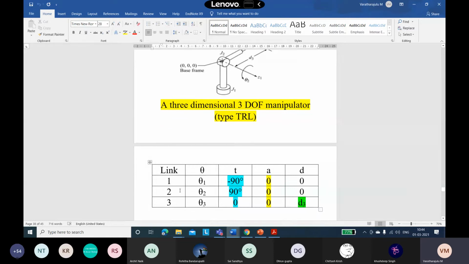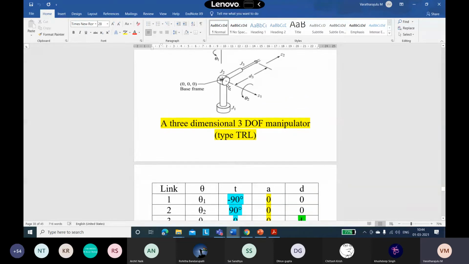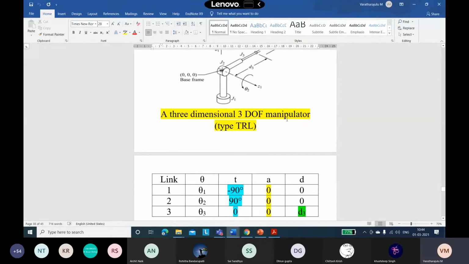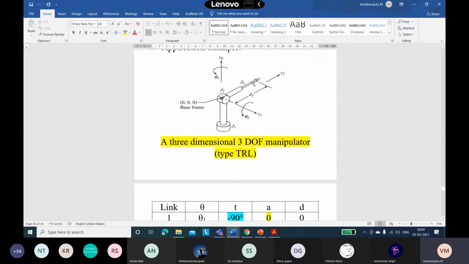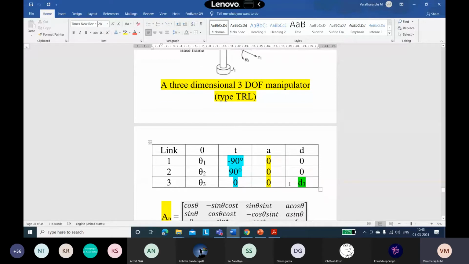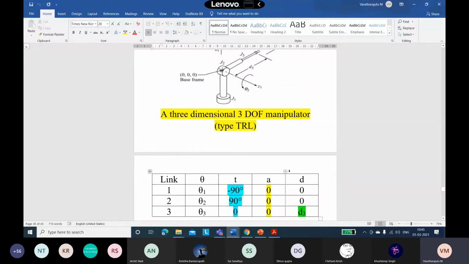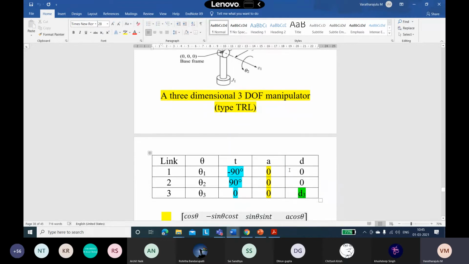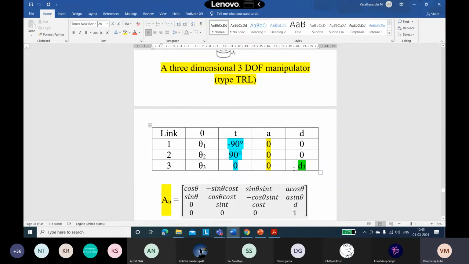This is link 2 and this is link 3, and link 2 is 90 degrees and the other a and d are 0. Concerning link 3 we don't have any rotary motion, we have translation transformation alone. Therefore we have d3, the rest are 0, that is theta, alpha and a are 0, and we need to apply d3 because this is link 3.